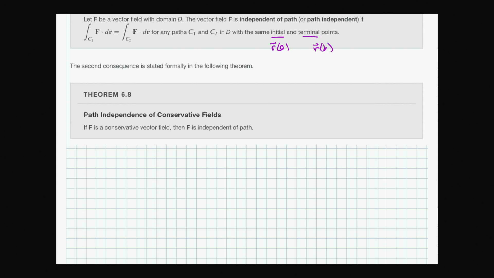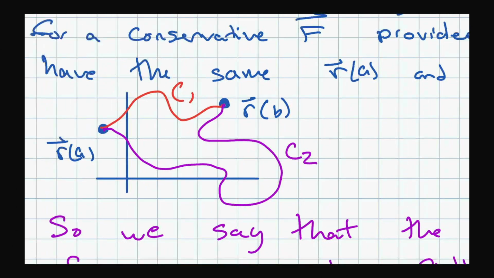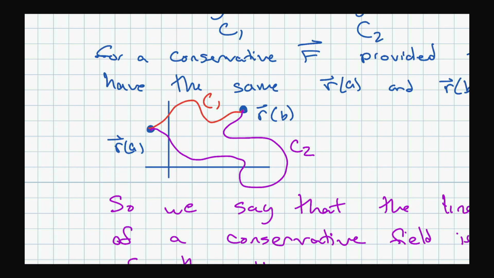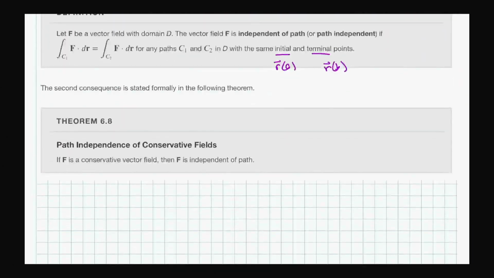And then they give you a picture that looks just like the one that I already drew. This one. Except they drew a vector field on it. So you can just imagine some vectors on here. Okay. So there we go.